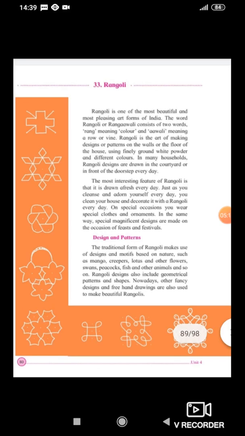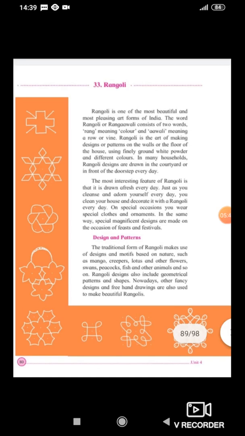These types of rangoli are usually practiced on the floor or walls of the house, but most commonly this rangoli is drawn in the courtyard or in front of the doorstep every day. Usually some draw this rangoli on occasions during festivals like Deepavali, whereas in some houses the rangoli is drawn every day.